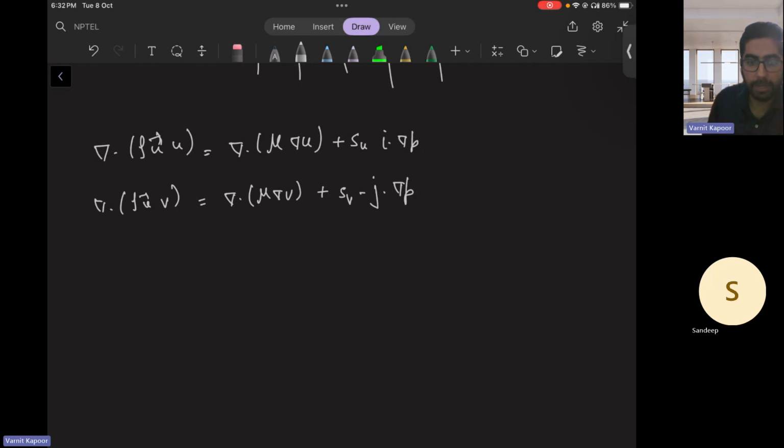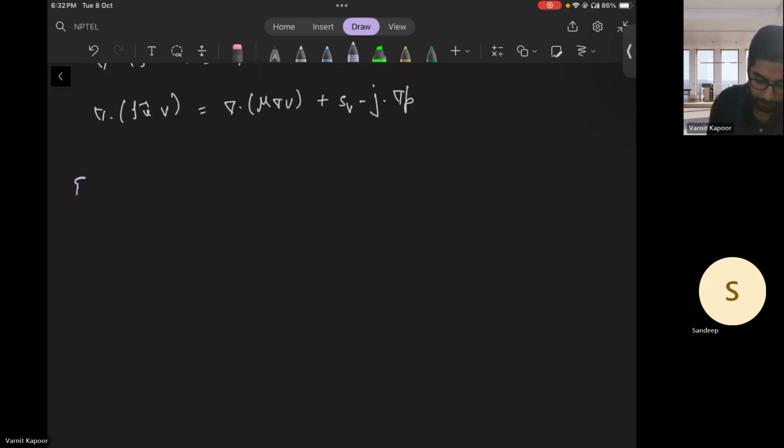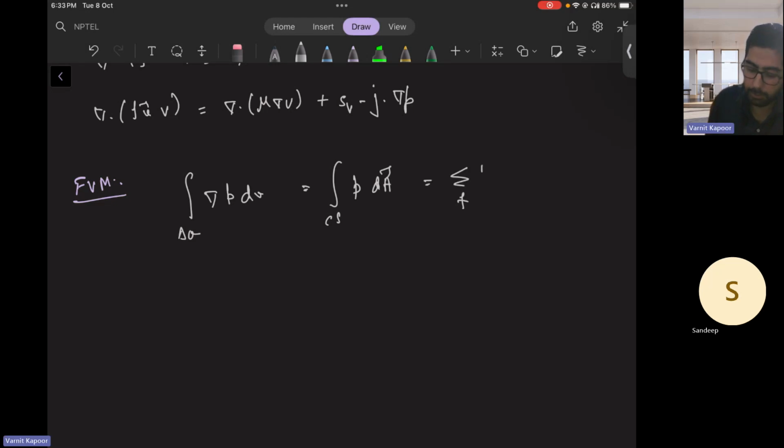Then if we want to apply a finite volume to the two equations, we know how we can solve for both of them. So if you want to apply the finite volume, FVM, it will be integral of del P dV. So your pressure term over the control volume will become, by Gauss divergence theorem, over the control surface, P dot dA, equal to the summation of all the forces over the faces, PF AF.